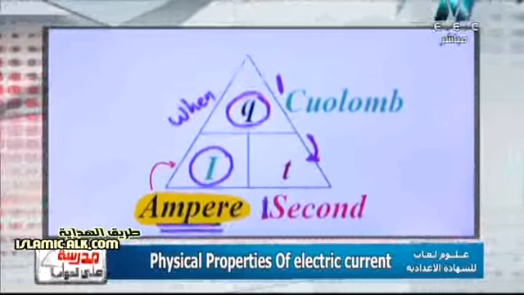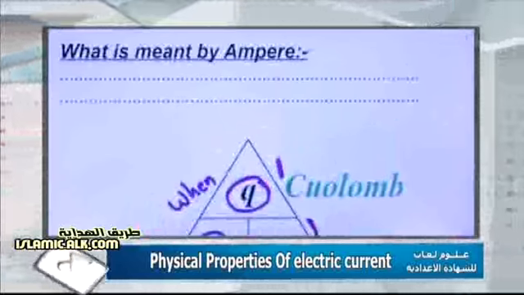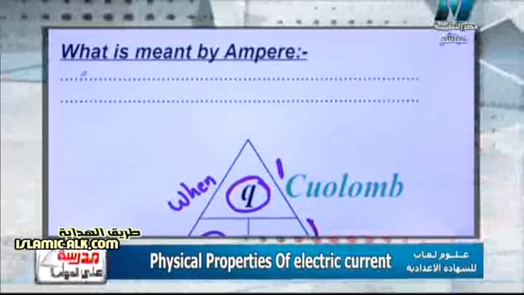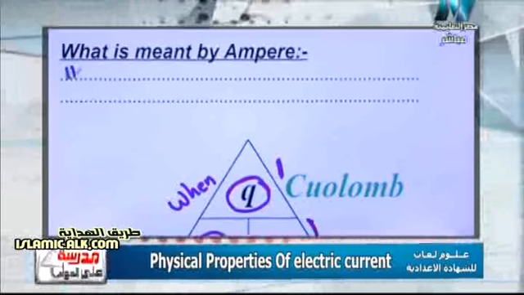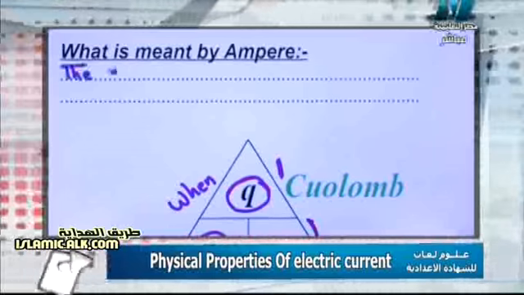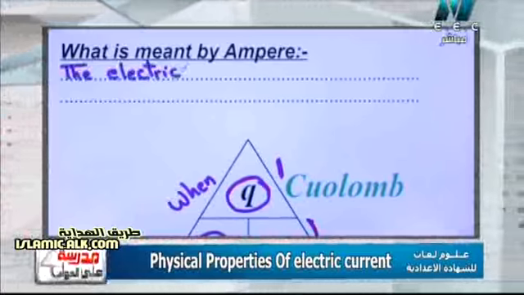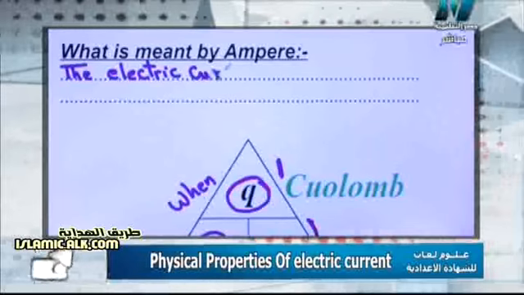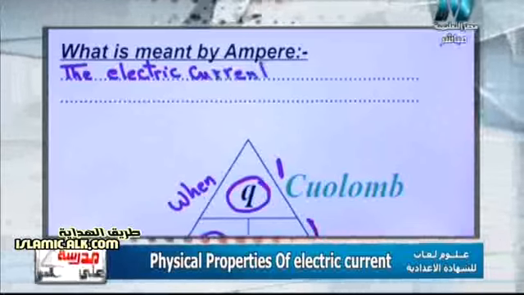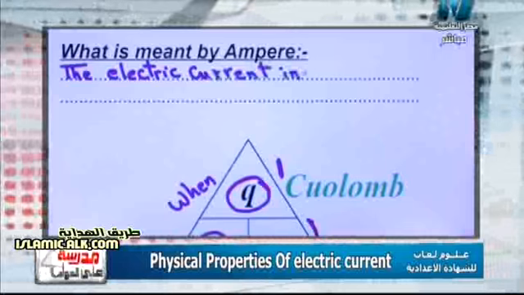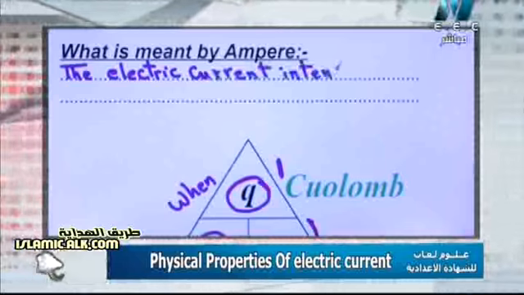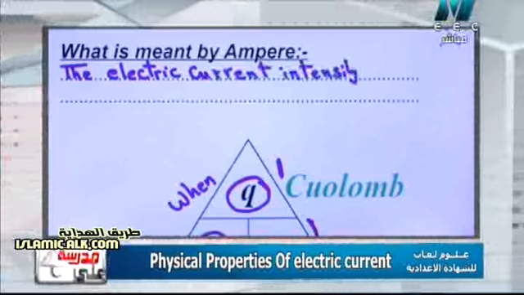How come? Let's write it together here. What is meant by ampere? Ampere, it is the electric current intensity, okay?